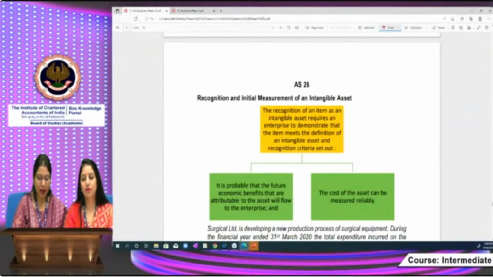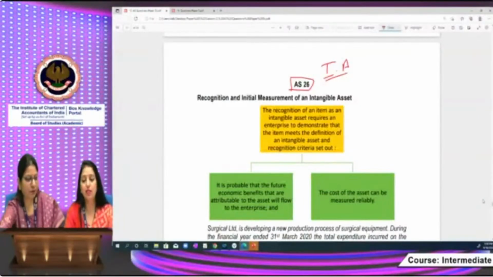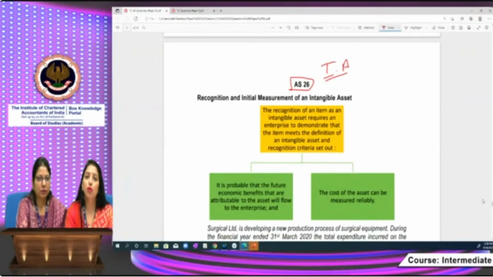Now coming to accounting standard 26. Yes, 26, it is related to intangible assets. This AS says which item is to be recognized as an intangible asset, because every expense cannot be an intangible asset. For recognition of any item as an intangible asset, it has to satisfy certain criteria.